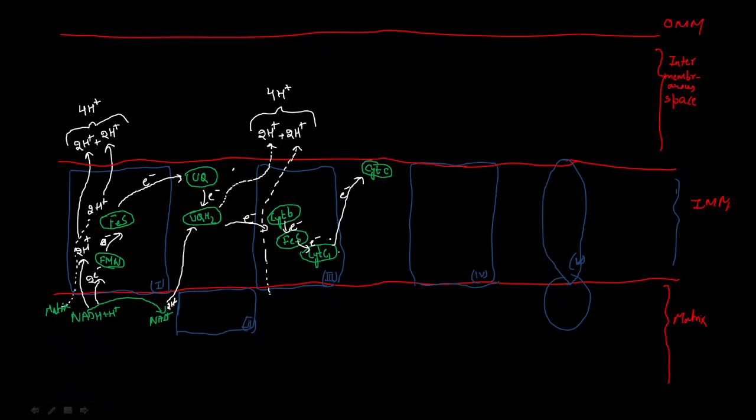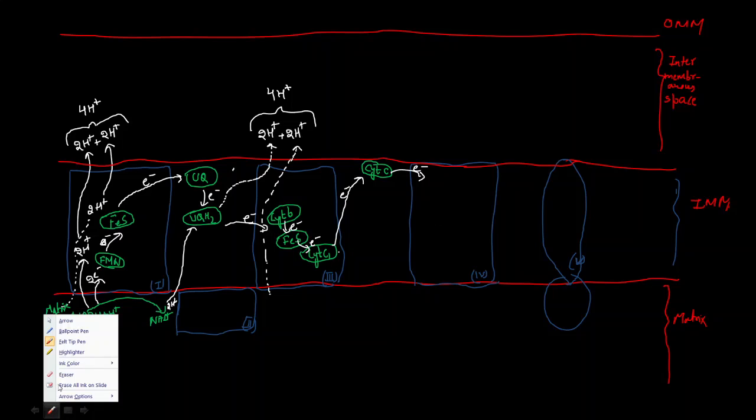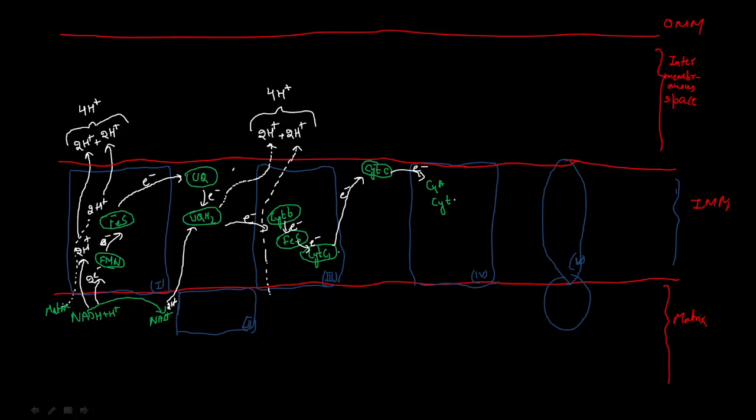Now, this cytochrome C will eventually pass on this electron to the fourth complex, and in the fourth complex there are many electron carriers present, so let us just draw them. They're going to be copper A, cytochrome A, cytochrome A3, and copper B. So these are the carriers that are present in the fourth complex.